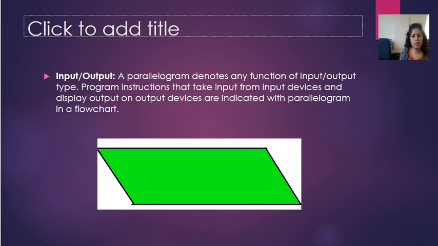Program instructions that take input from the input device and display output on the output device are always indicated with the parallelogram in a flowchart. So students, when you have to receive any input or provide any output, you always represent input output statements in the parallelogram.